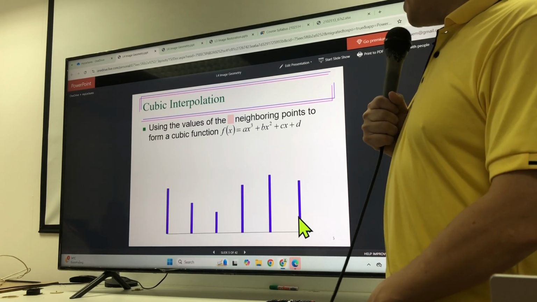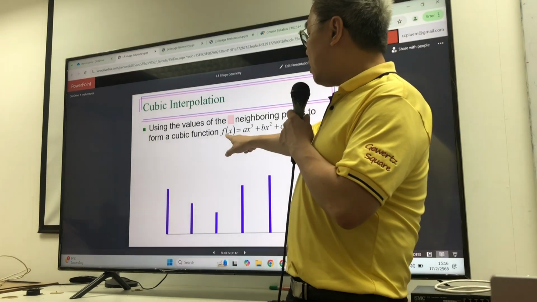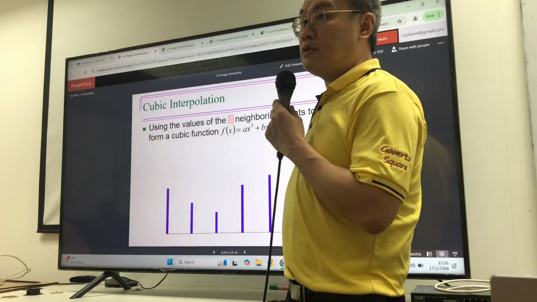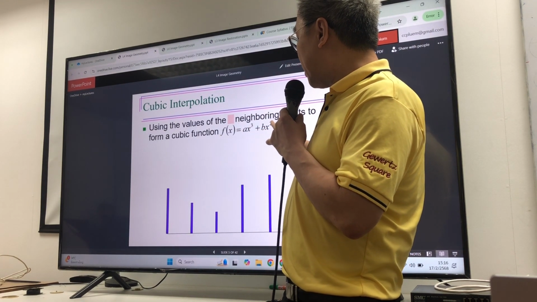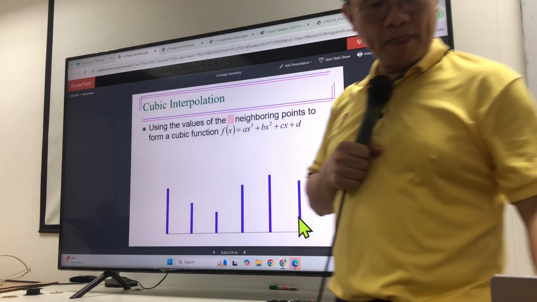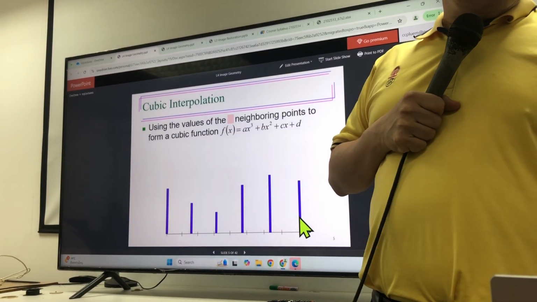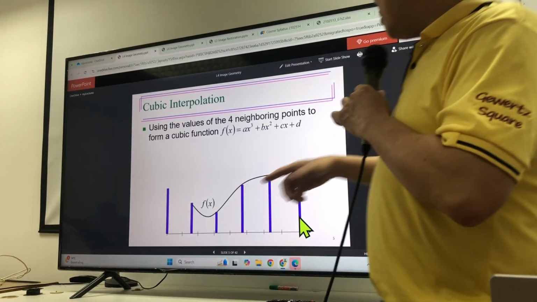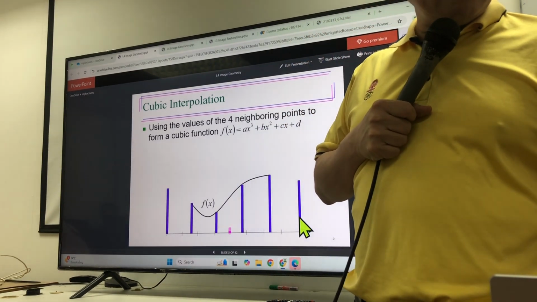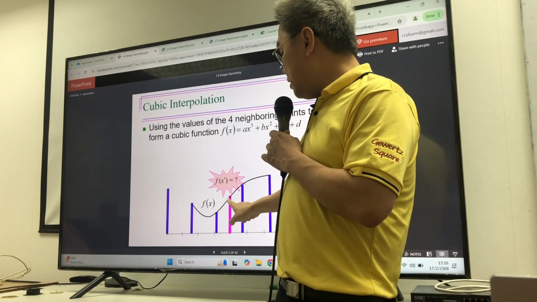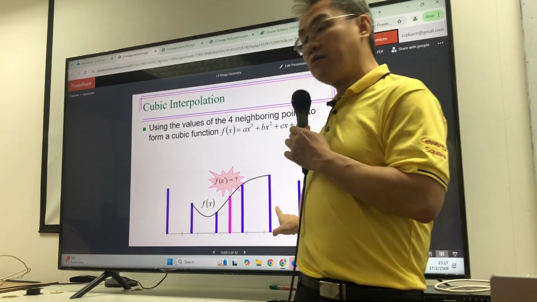Bicubic means you draw this cubic equation, ax cubed plus bx squared plus cx plus d. So it's going to be a curve like this, and if you want to estimate the value at this point, you need 4 neighbors.